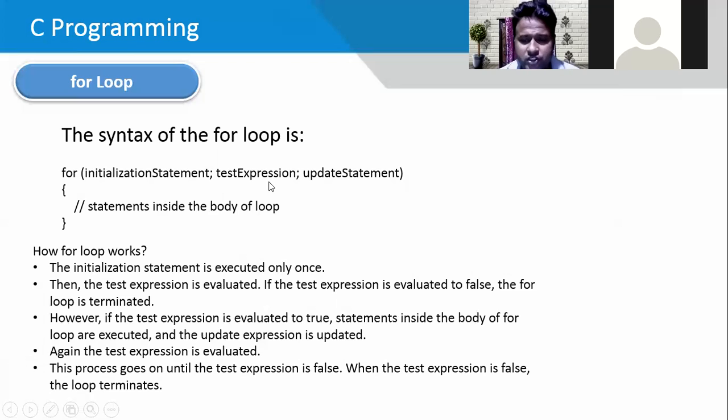Till your condition is true, the body of the loop is executed. The process goes on until the test condition is false. When the test expression is false, the loop is terminated.